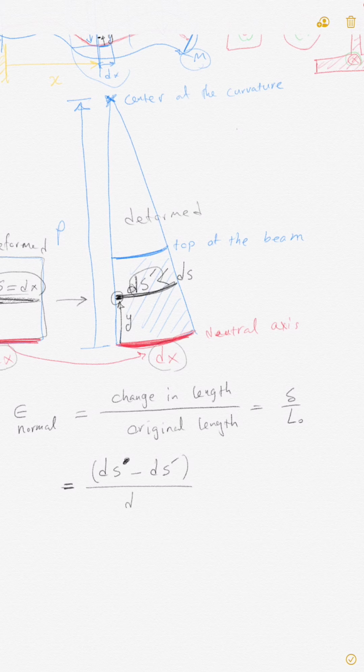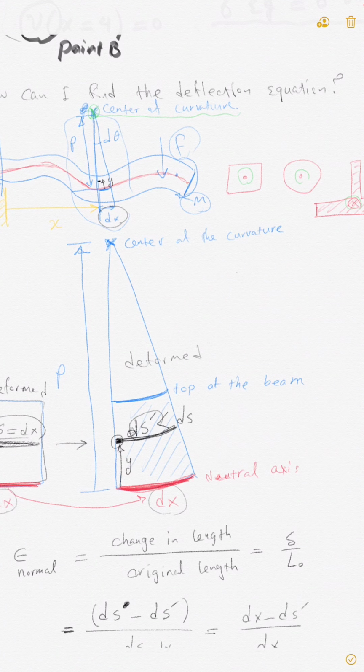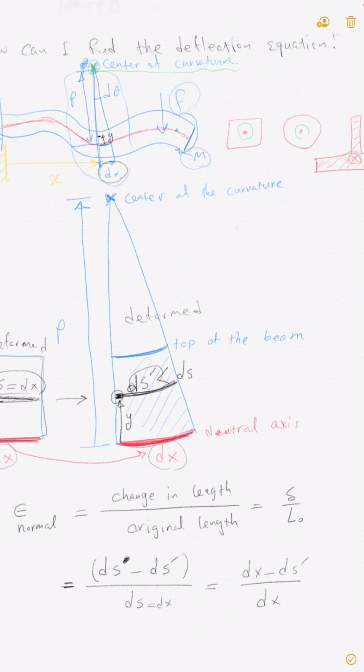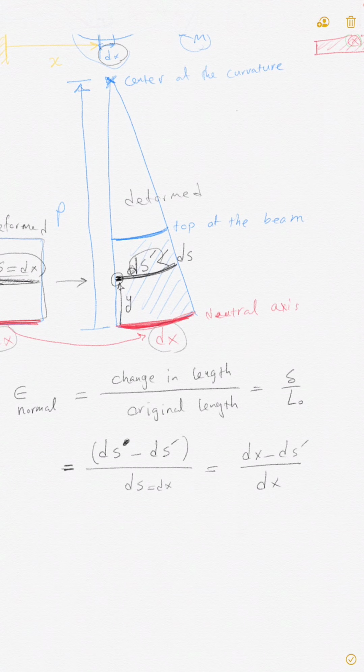The initial length is simply ds, which was equal to dx. So this equation can be easily written as dx minus ds prime divided by dx, because ds was nothing except the dx. Look at here, dx. If this is x from the left, that little part that we cut is dx, right? So instead of ds, we can write dx minus ds prime divided by dx.